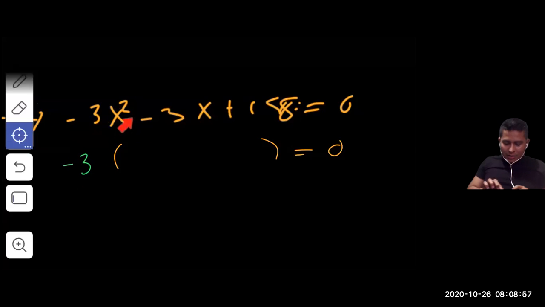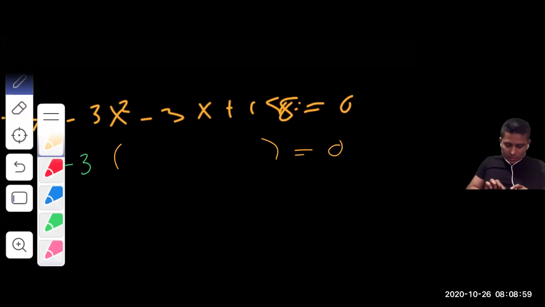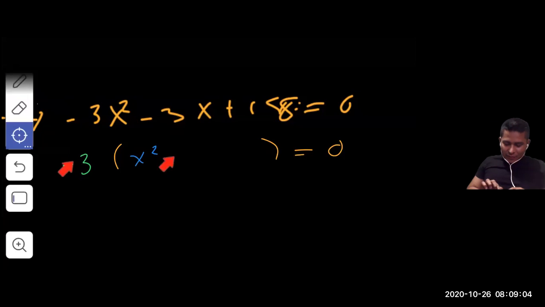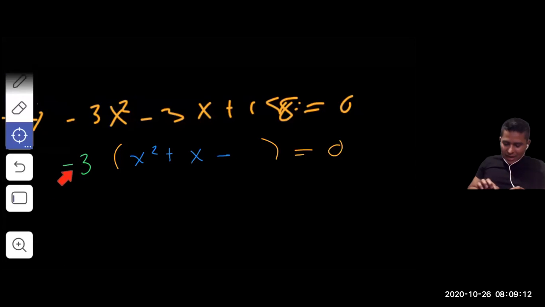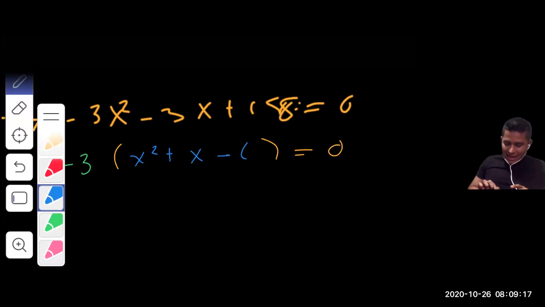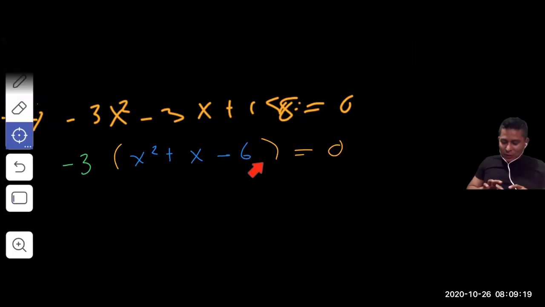Negative 3 times x squared, that's the x squared, right? And minus x, we only changed the sign. Do you remember that? And negative times negative is positive, what can I get 18, guys? 6. Excellent.